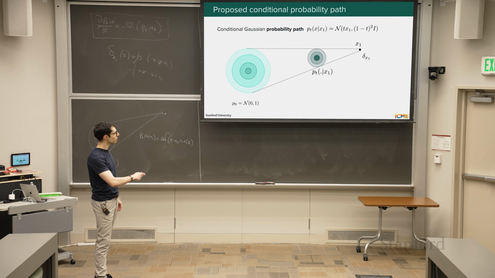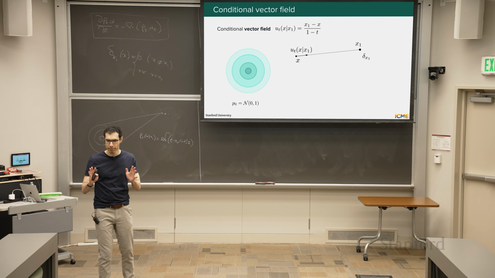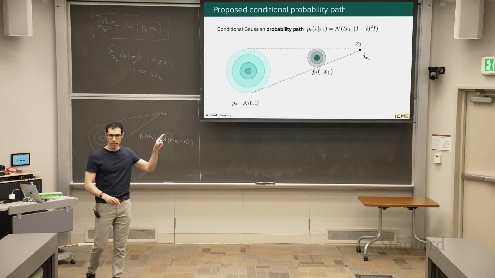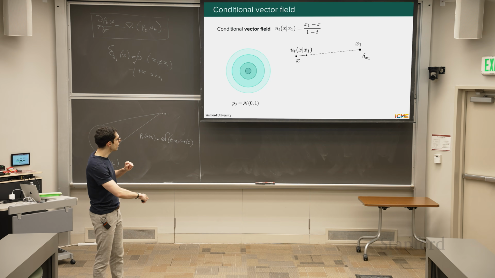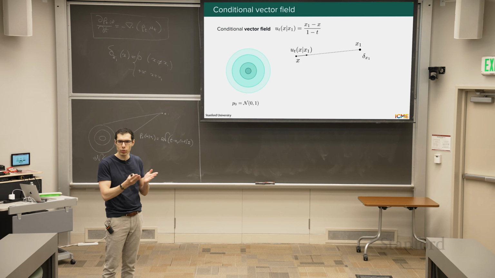So why am I choosing this? Well, it can be shown that one vector field that is generating this probability path has the following expression. u_t of x given x1 is (x1 minus x) over (1 minus t). I'm just giving you the formula, so you can derive it. I'm looking at the time, we will not have time. But the reason why I proposed the conditional probability path is because it's much easier for us to compute a vector field, and it's something that we can actually write.